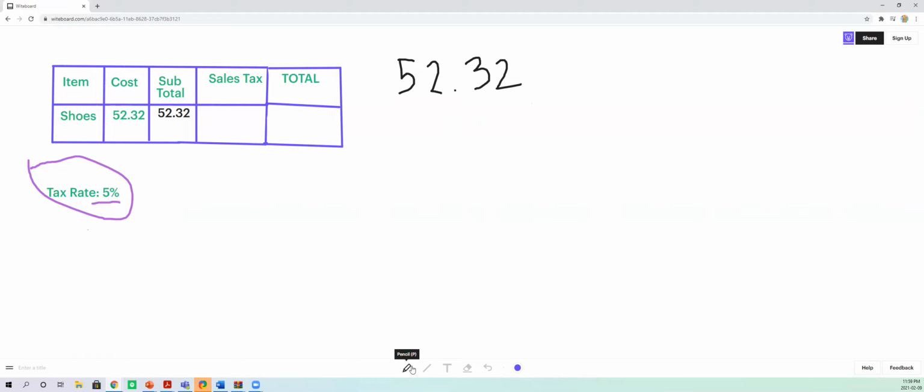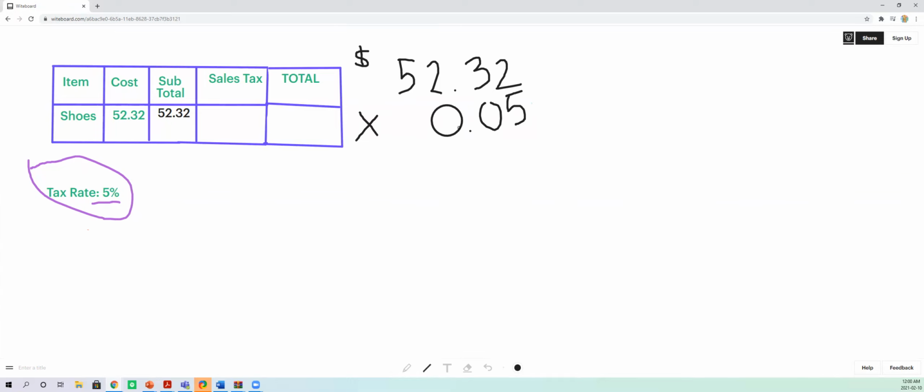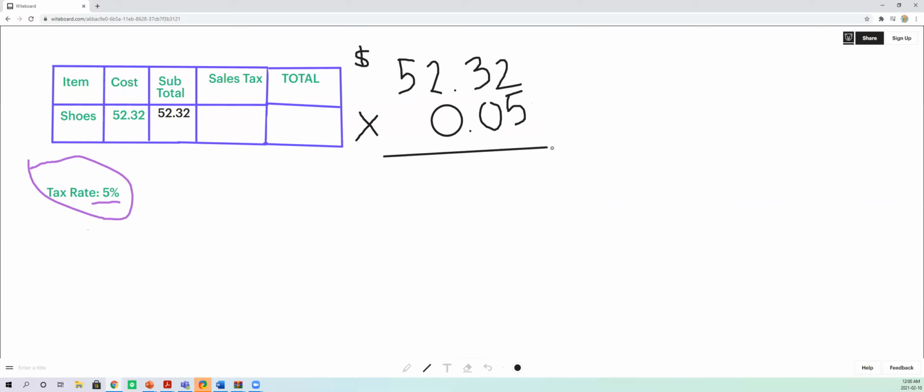So now we're going to look at the taxation. So the item is $52.32. And we want to calculate a tax rate of 5%. So there's our 5%. We remember how we got there. It was previously on this slide.